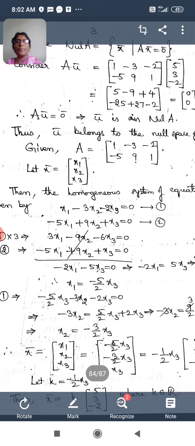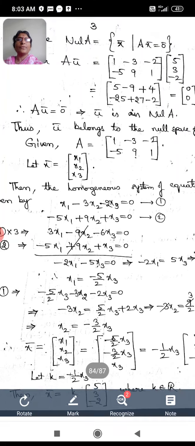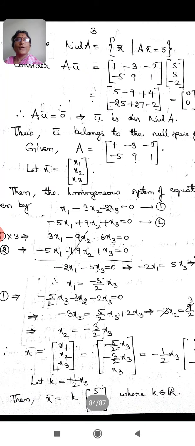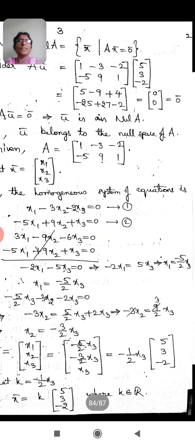The next element can be found by multiplying the second row with the column in the second matrix. So minus 5, 9, 1 multiplied with 5, 3, minus 2, with the corresponding elements and adding them, we get minus 5 into 5 plus 9 into 3 plus 1 into minus 2, that gives minus 25 plus 27 minus 2. After calculation, we can see that this is equal to 0, 0, which is a zero vector.